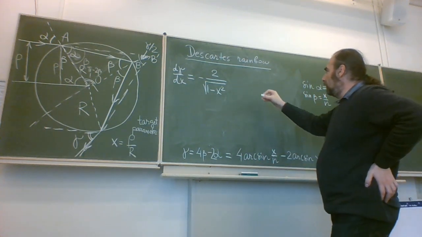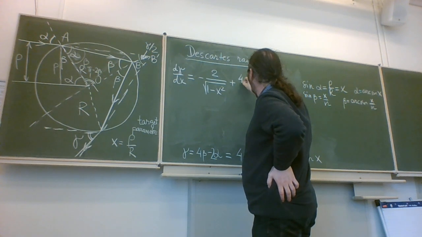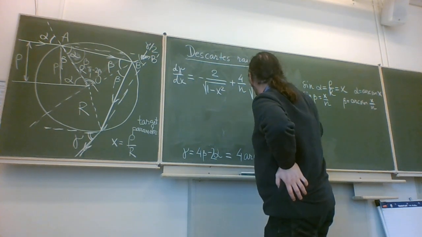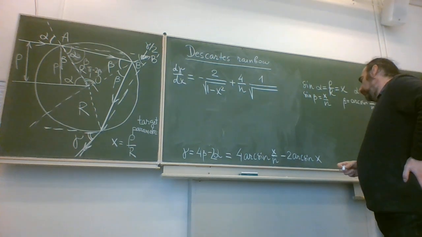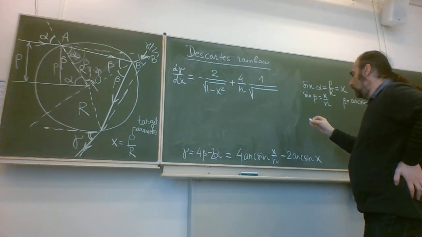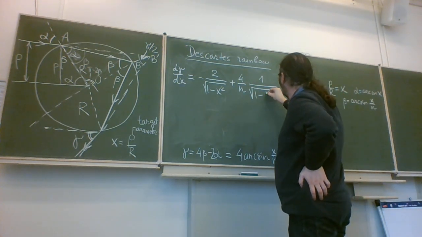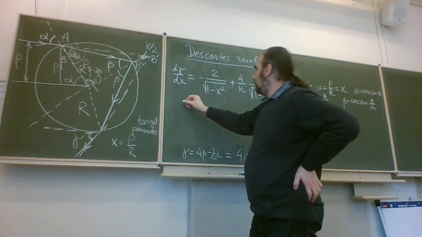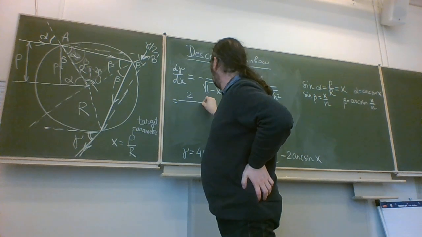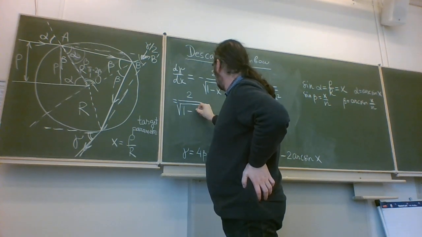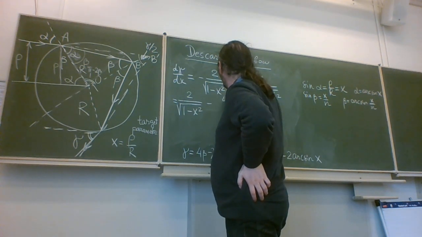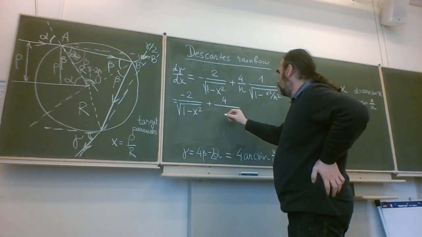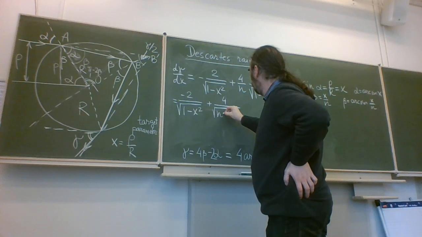And from here I get plus 4 divided by n, 1 over square root of 1 minus x over n squared, which is 2 1 minus x squared minus 4 plus 4, sorry, minus 2 plus 4 n squared minus x squared, unless I forgot something.